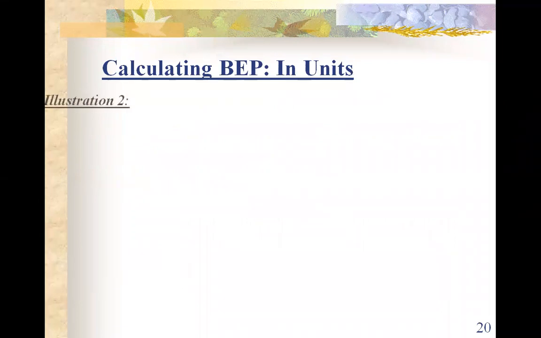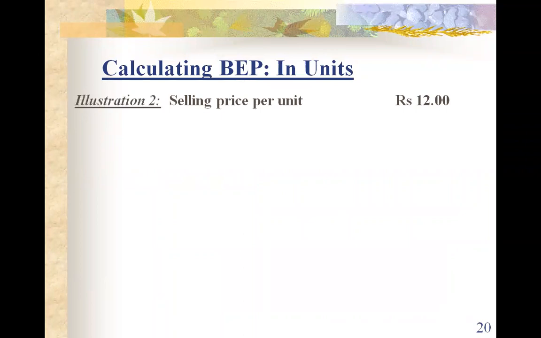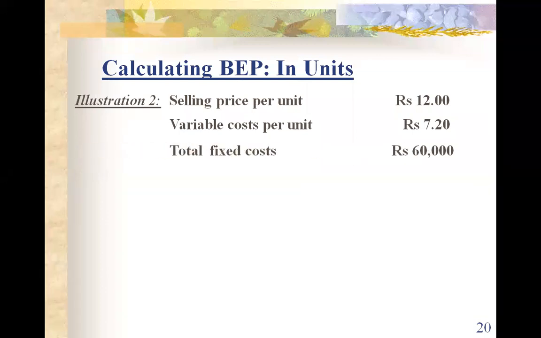Now we'll talk about the BEP in unit with an example. For example, selling price is 12 taka, and variable cost per unit is 7.20. Okay, and total fixed cost is 60,000 taka. So according to the formula, our BEP formula is fixed cost divided by contribution margin.